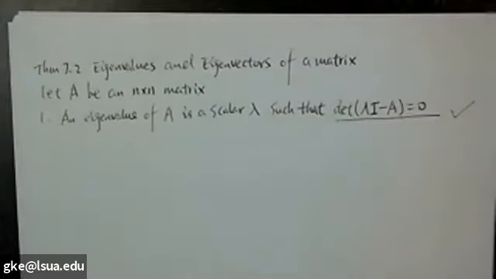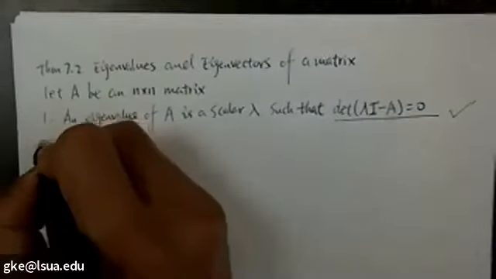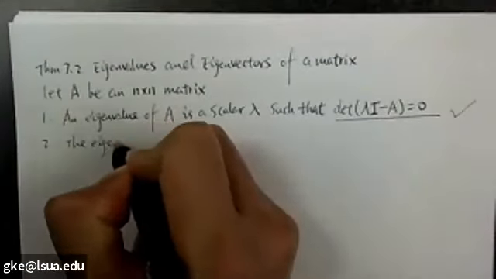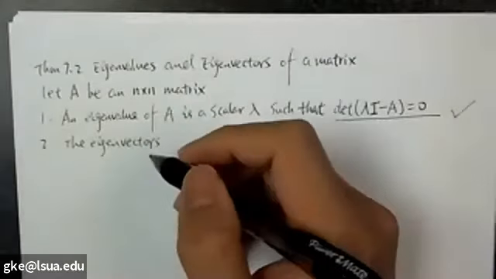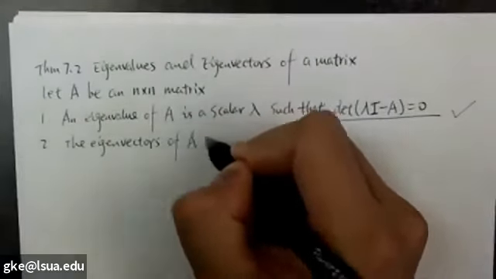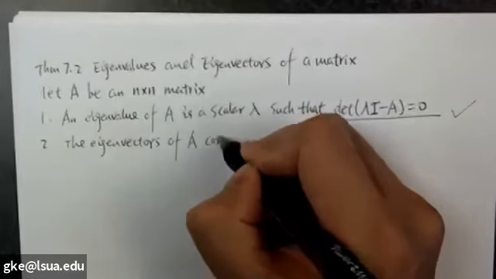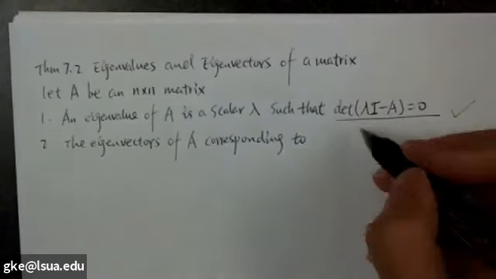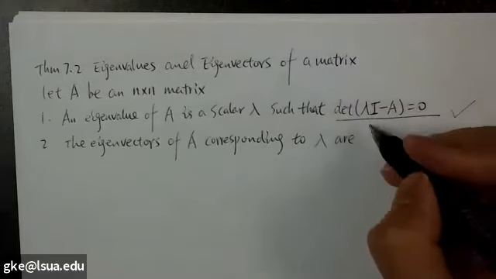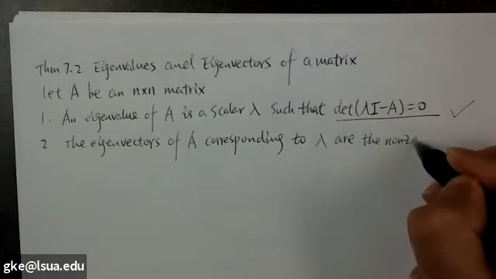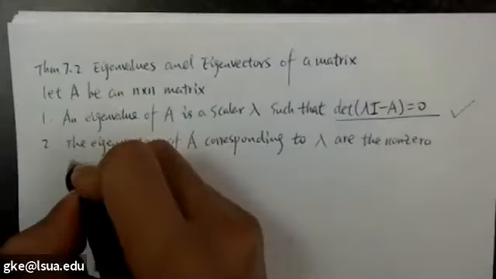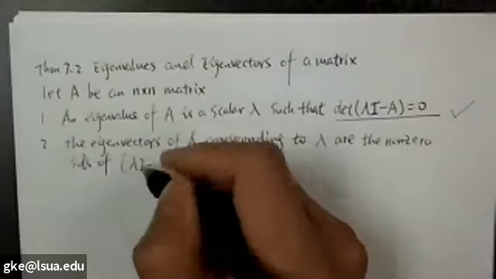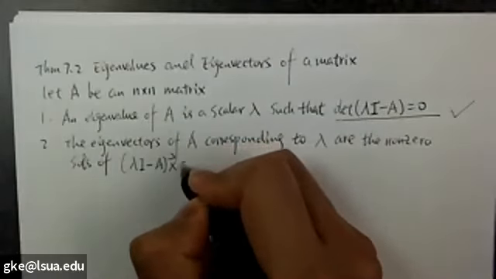Two, the eigenvectors of A corresponding to lambda are the non-zero solutions of lambda I minus A times x equals 0.